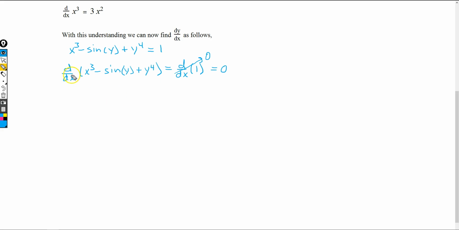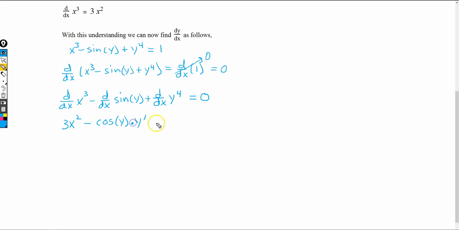And here we're just going to distribute the derivative to these three terms, so we get... and now we're going to evaluate the derivative of each of these with respect to x. And now what we're going to do is solve for y prime.